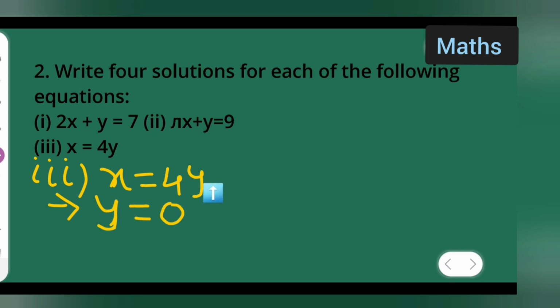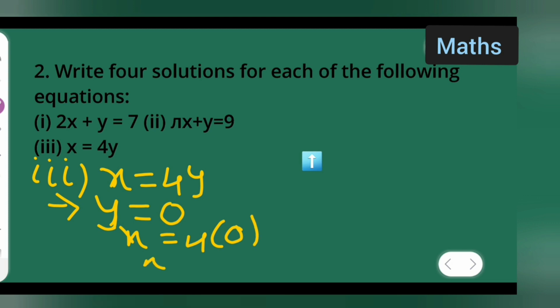Now take y to be 0, so you will get it easily. You all can also take x is equal to 0, and you will get y is equal to 0. In both ways you can do it, but this will be easy, that's why I have taken y is equal to 0. So if you take y is equal to 0, x is equal to 4 into 0, which is 0.